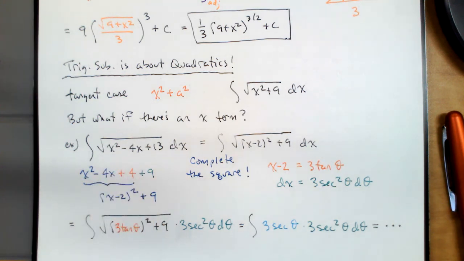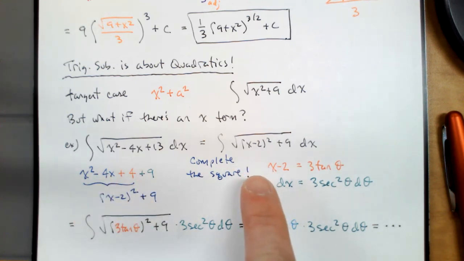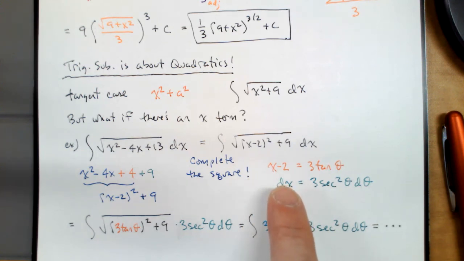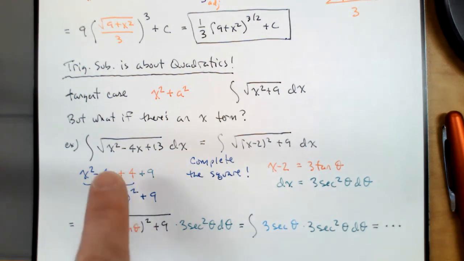If tables are going to come into play, don't bother substituting your way, looking at one part of the table, and then doing a bunch of work to get back out. If secant cubed is in the table, then the square root of x minus h squared plus a squared will also be in the table. Don't bother looking up the secant cubed, because we're not actually interested in that.